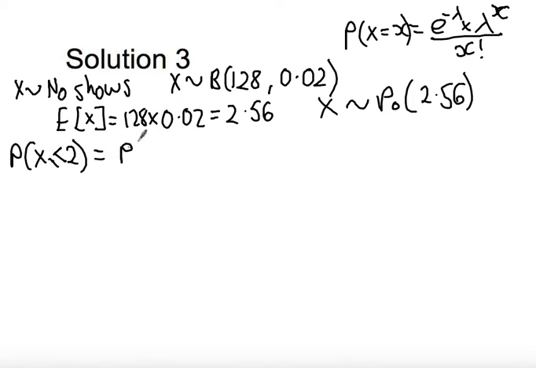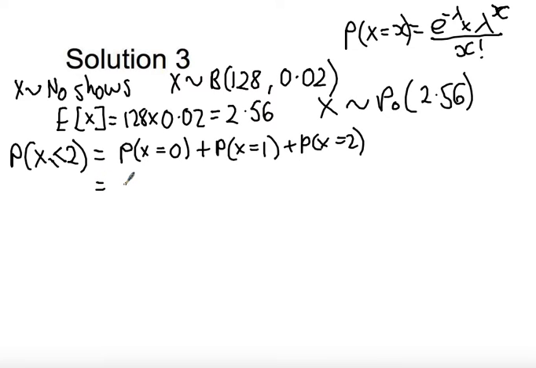So this would be the probability X equals 0, plus the probability X equals 1, plus the probability X equals 2. Now previously I'd shown you how to do this by finding these probabilities separately, but actually if you find them in one line you can make life a little bit simpler.